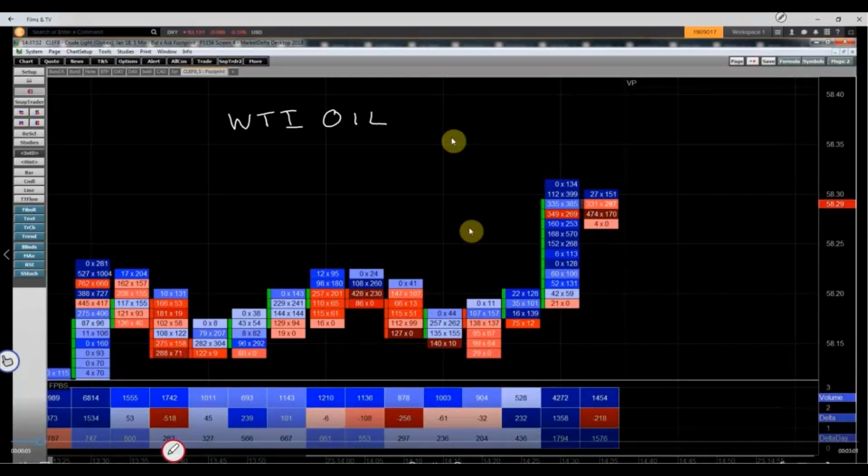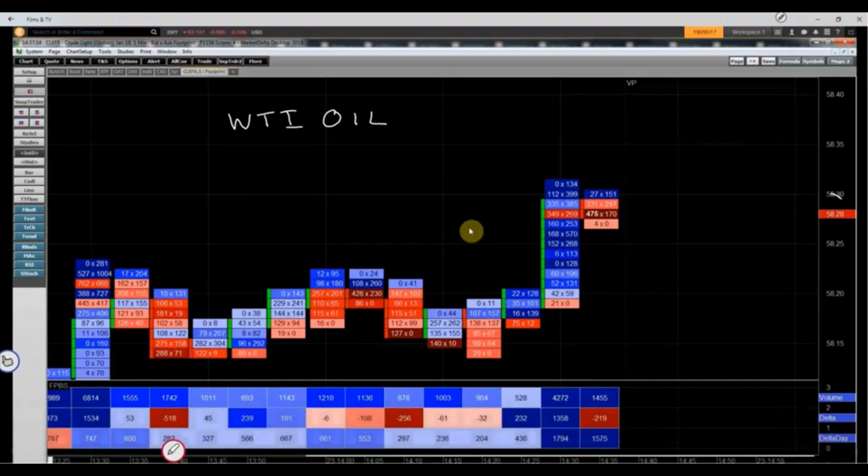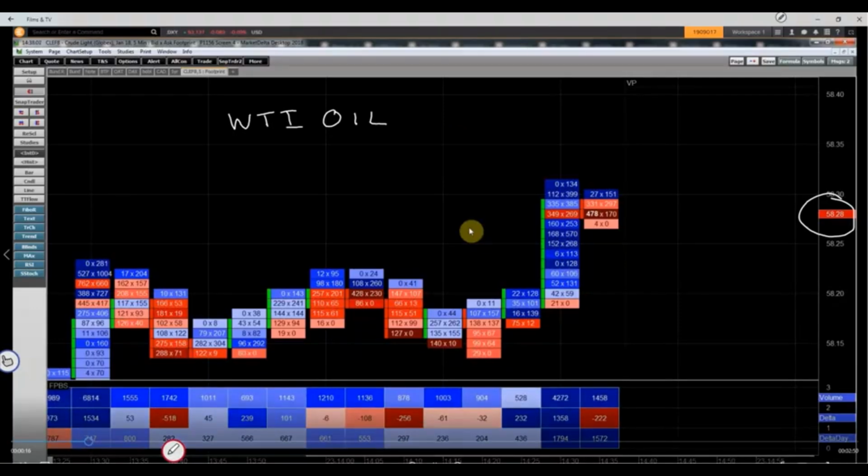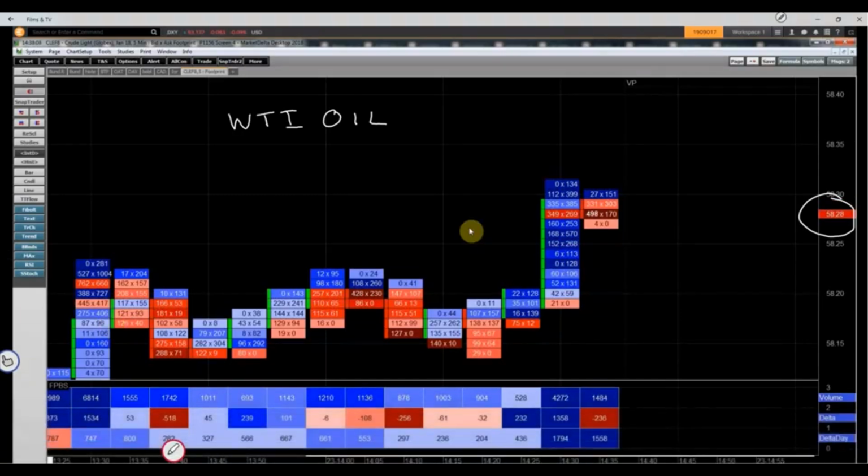What we can see right now, note again, obviously we have got price moving up and down. At the same time, what we can see as the market is moving, we can see the update occurring in the volume, as well as the delta changing and the cumulative delta on the day changing as well.